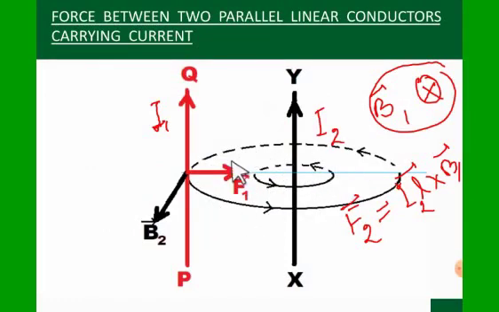Because this is also carrying current, when you try the right hand curl rule, stretching your thumb and four fingers mutually perpendicular and curling at this point, the magnetic field will be coming out. That is the magnetic field due to the current I2 flowing through XY.